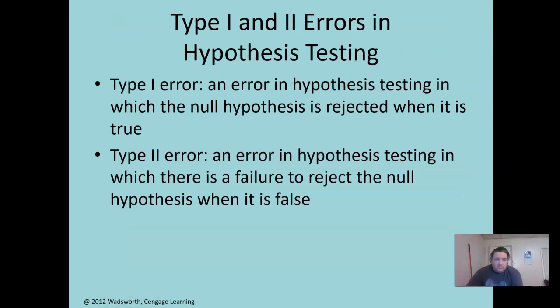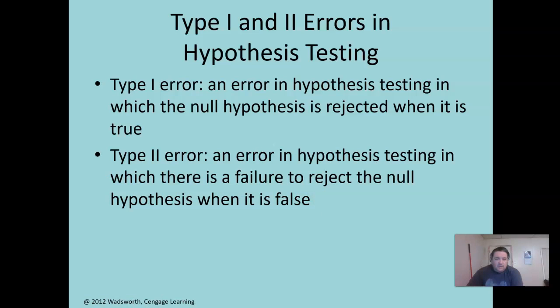So when the type 1 error happens and the null hypothesis is rejected when it was true, that is a false positive. Okay. Type 2 error is an error in hypothesis testing in which there is a failure to reject the null hypothesis when it is false.